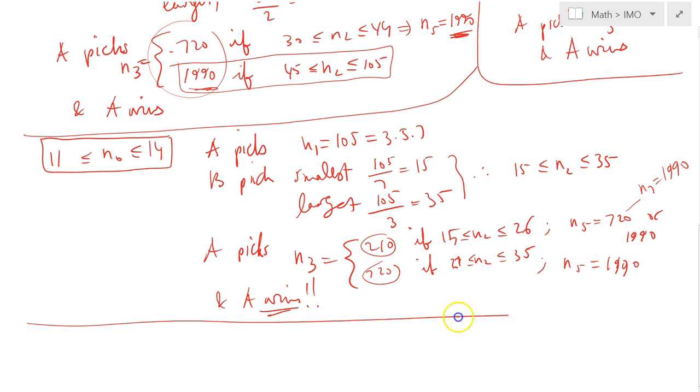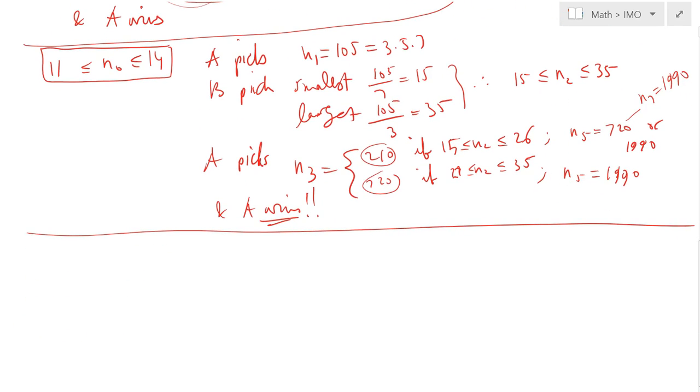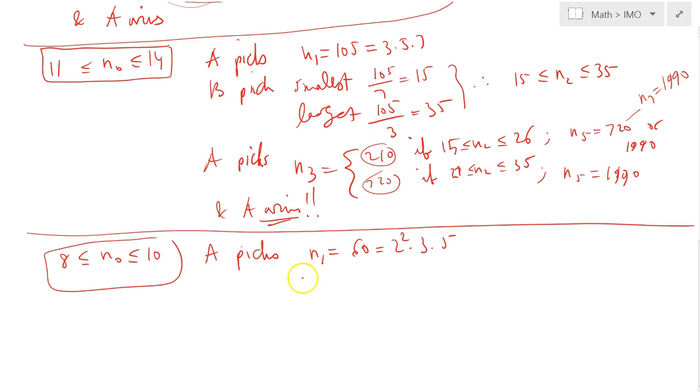Okay, next interval, between 8 and 10. In this range, A will pick N1 equals 60, which is 2 squared times 3 times 5. Then B picks.